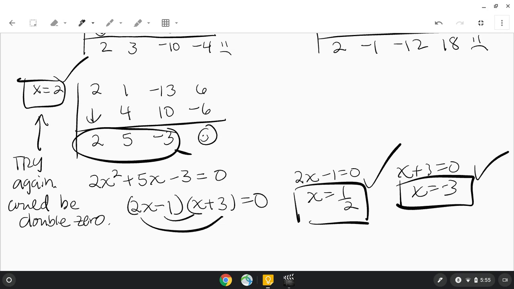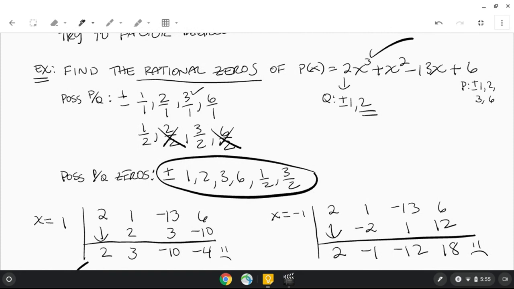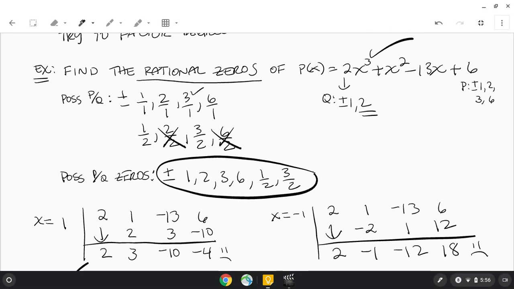It's irrational. So you would not include it if it says to find the rational zeros. If it says to find all the real zeros, then yes, you can include it.